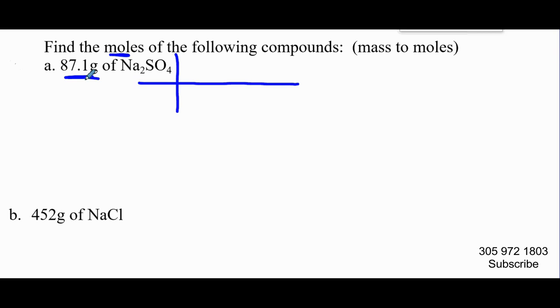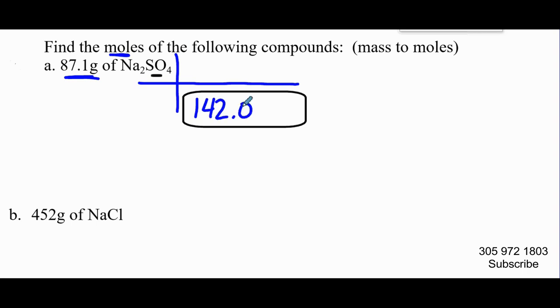So here at the bottom, what I should have is the molar mass of the compound given to me, and the compound given to me is Na2SO4. Okay, so you have 2 Na's, 1 S, and 4 O's. The molar mass of Na2SO4 is 142, when I add all those masses.